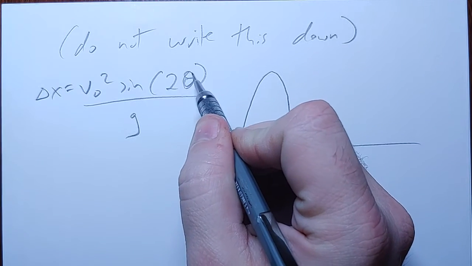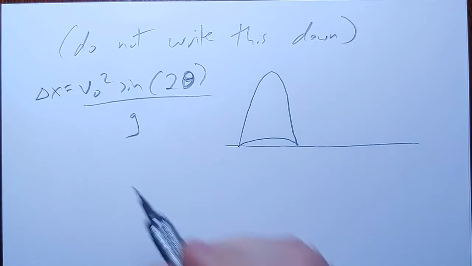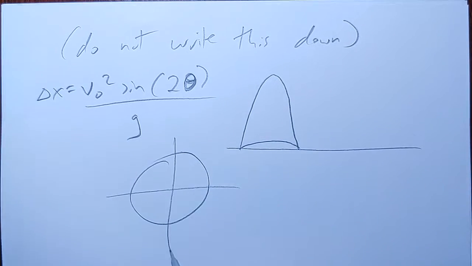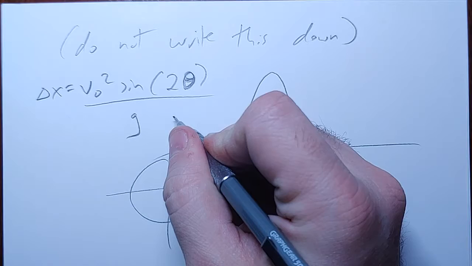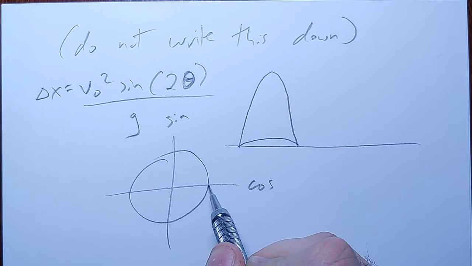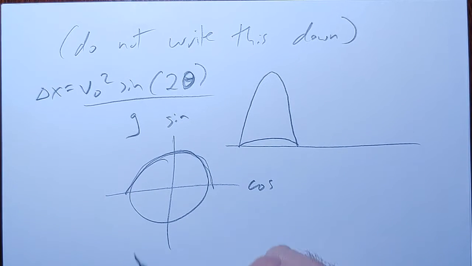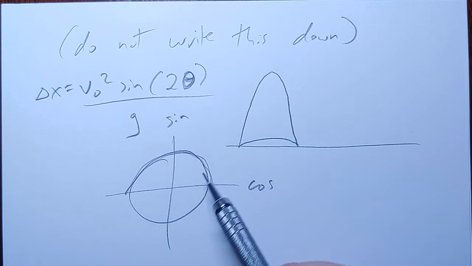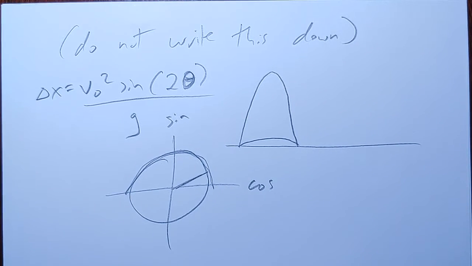And the reason is because of this 2 theta that we have right here. So remember that on the unit circle, this is cosine, the y-axis is sine. And because theta can be anything from 0 to 90, 2 theta can be anything from 0 to 180. So if, for example, your angle is 10 degrees, 2 theta is going to be 20, right?